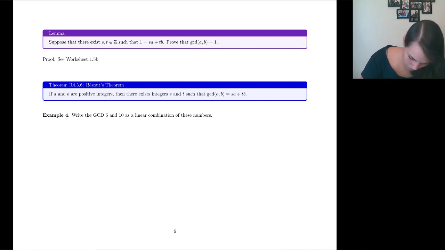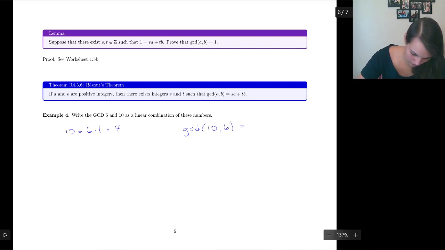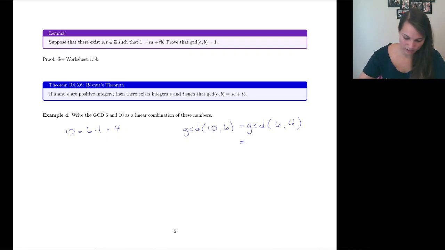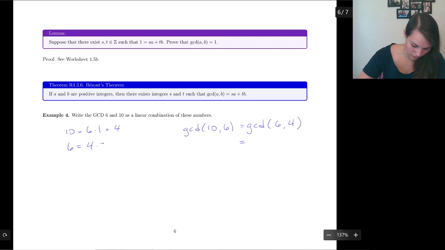So we've got 10 is equal to 6 times 1 plus 4. So then the GCD of 10 and 6 is equal to the GCD of 6 and 4. And yes, I want you to write out this whole side-by-side GCD thing because I think it helps keep everything straight and in place.